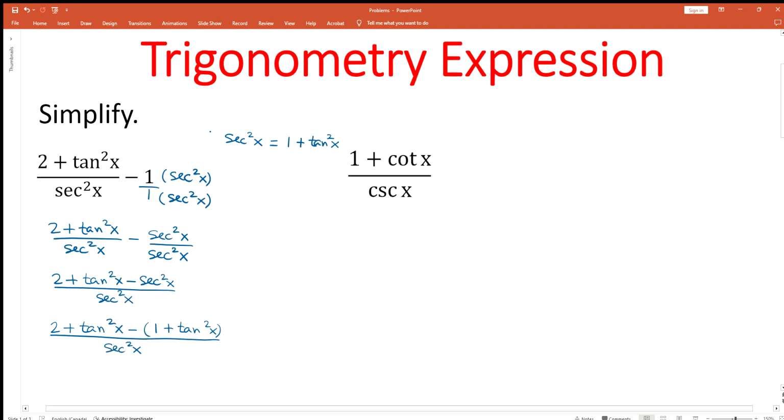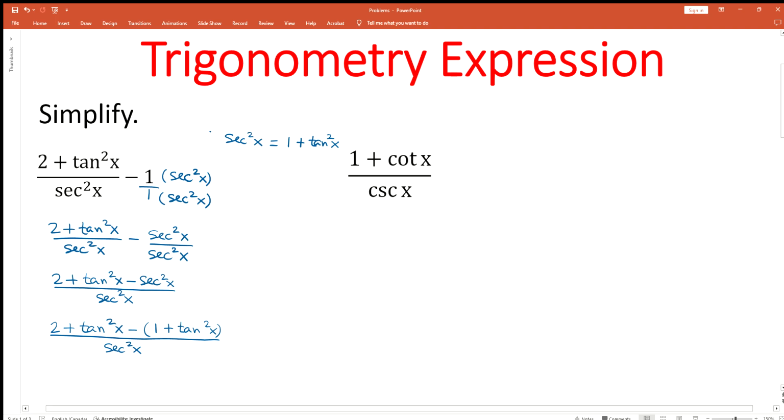We change the secant square x in the numerator only because in the numerator we already have the tan square x term, and when we change secant square x to 1 plus tan square x, the tan square x terms will get cancelled out. There is a very important concept we need to understand.